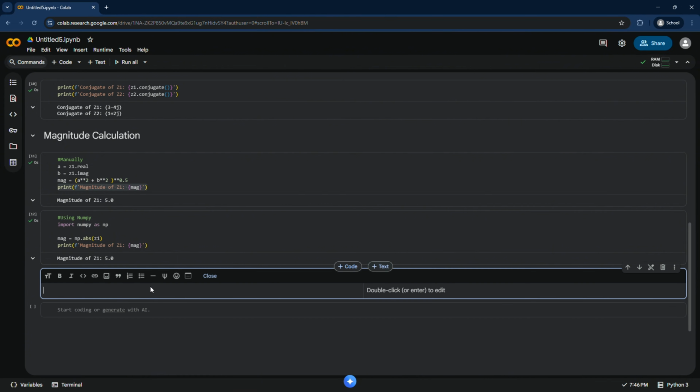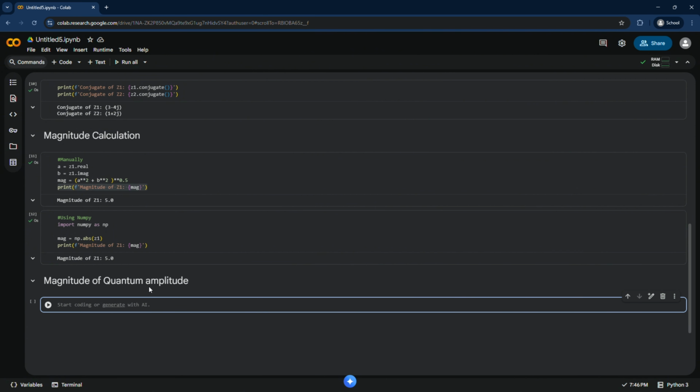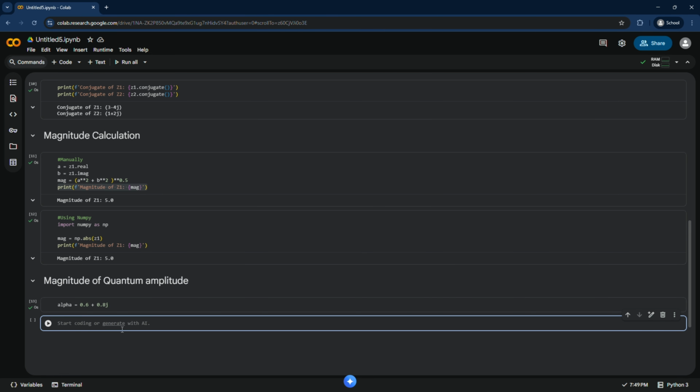Now let's do something that connects directly with the quantum state. Let's create something that looks like the amplitude of a quantum state. Let alpha equals 0.6 plus 0.8i. The magnitude should be root over 0.6 square plus 0.8 square, which must be 1. Now try this with me.